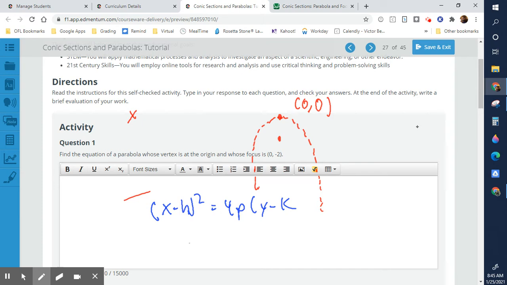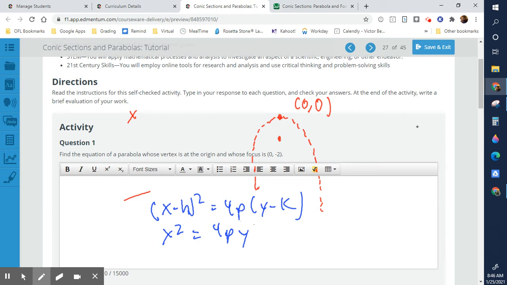Now, because we know it's at the origin, we know it's going to be x squared equals 4py. Reason being, there is no k, I'm so sorry, guys, I'm only human.